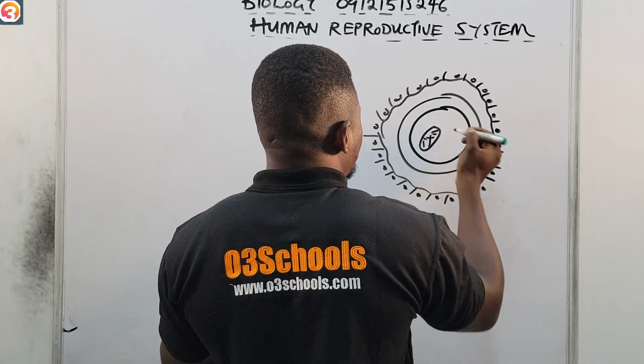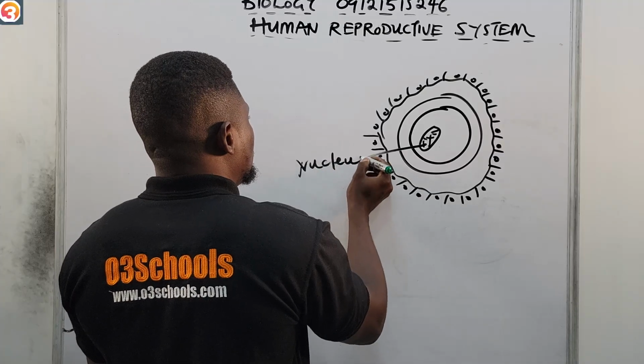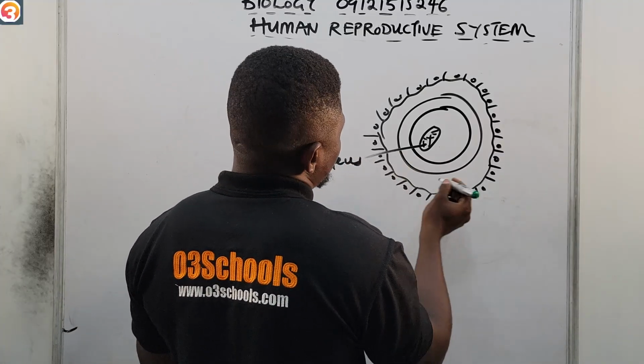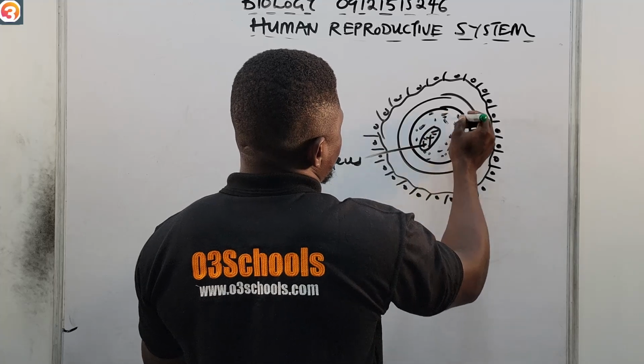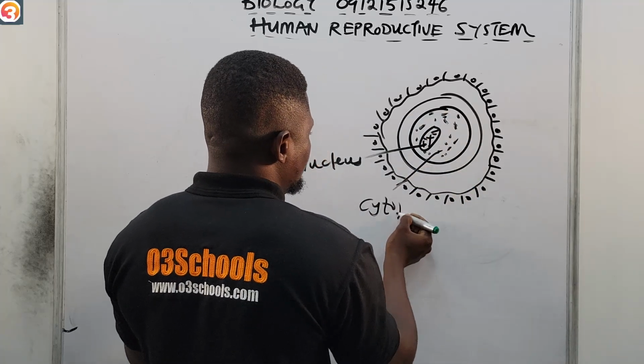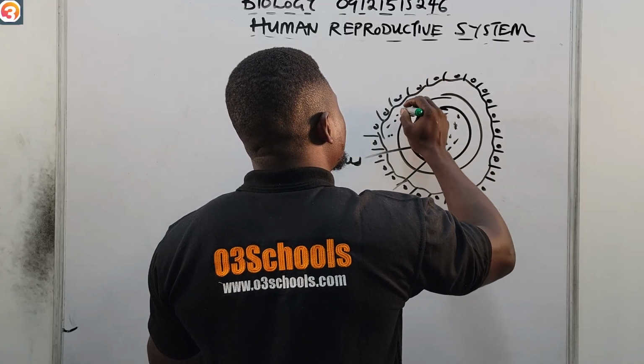So this is the nucleus. Then we have the cytoplasm. Inside here we have some dots. This is the cytoplasm. Even inside here, I think we have all these dots also.